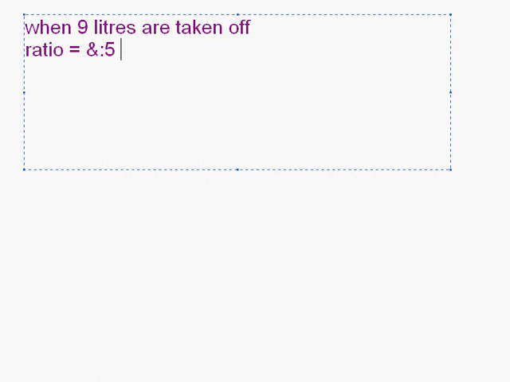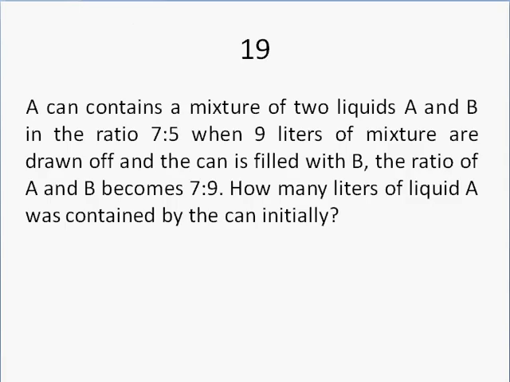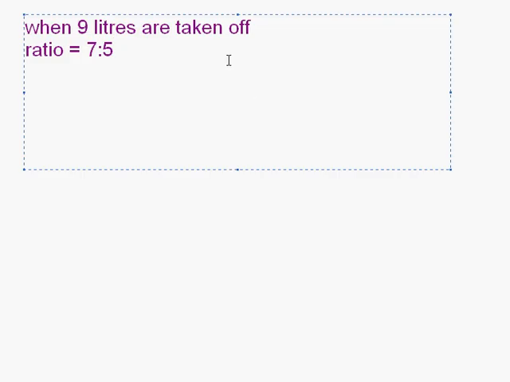Now when 9 liters are taken off and the ratio is given to us, that is 7:5, this is the ratio for the two liquids A and B. Now we have to find the quantity of A left in the container when 9 liters is taken off.